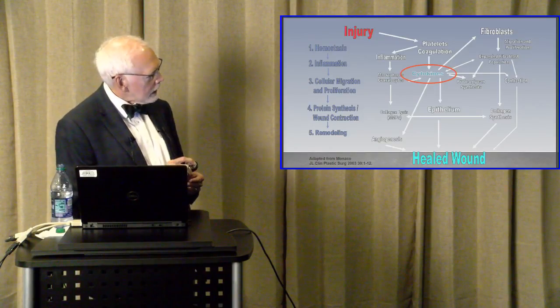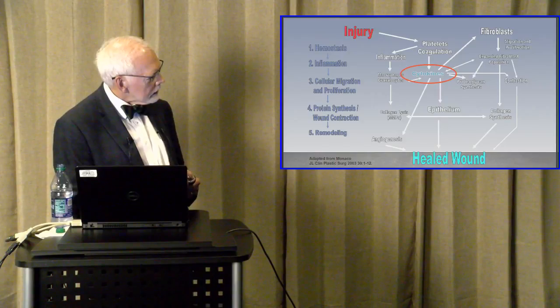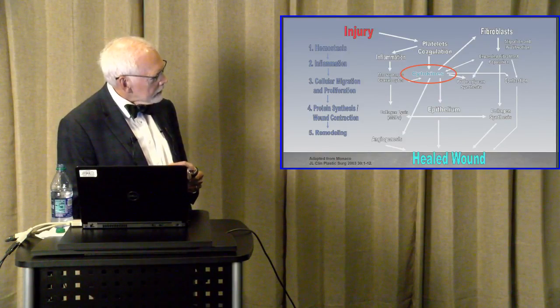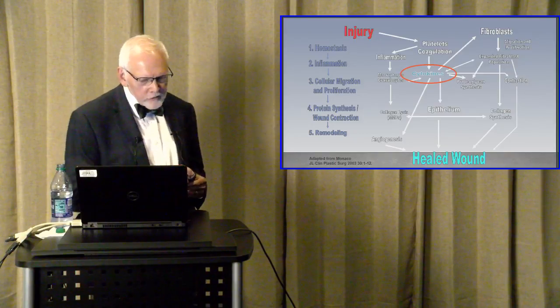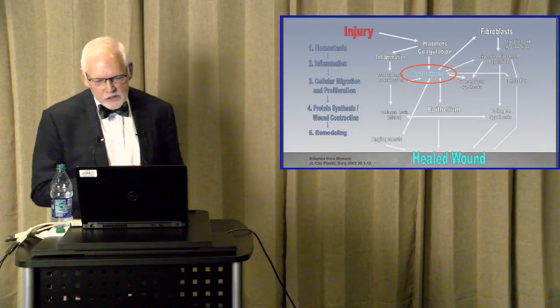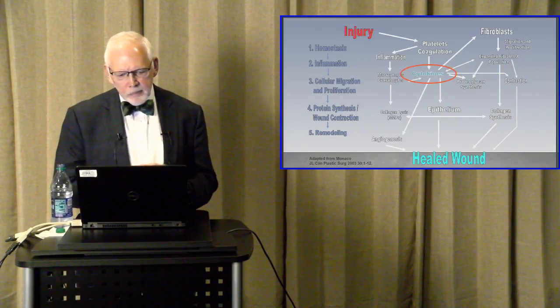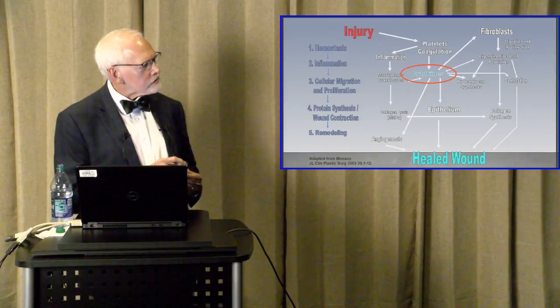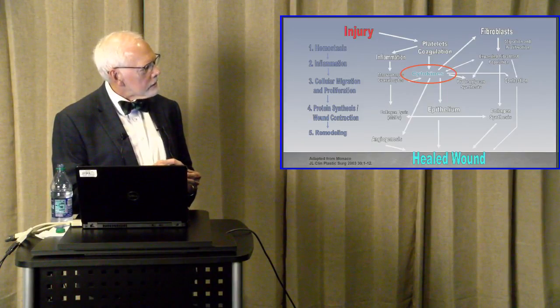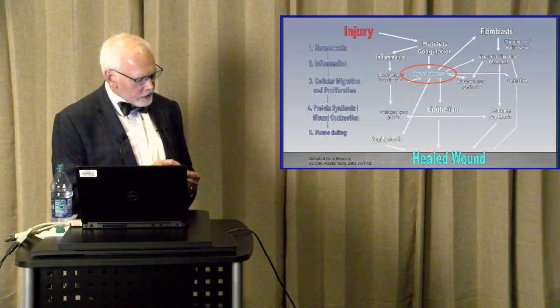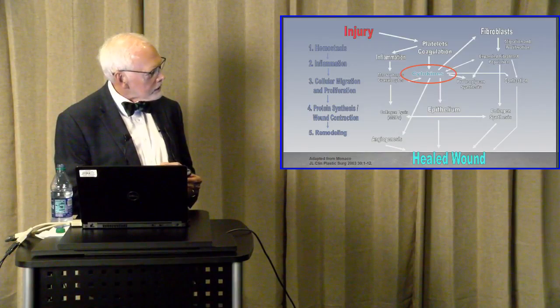Of course, it starts out with an injury and ideally ends up with a healed wound. The cytokines are vasoactive substances that are released by different cells and sort of call the shots, communicate between different cells to call the troops in that need to be involved in that particular part of the campaign.